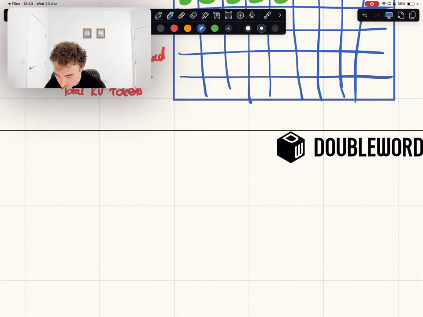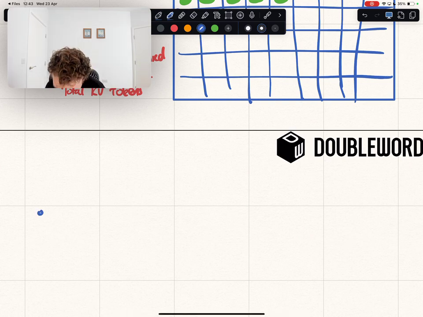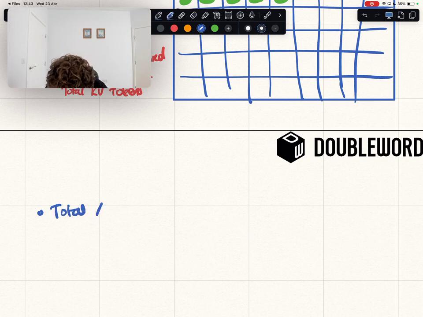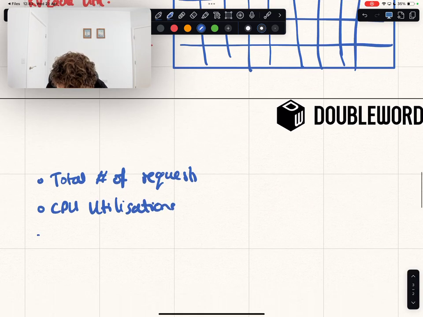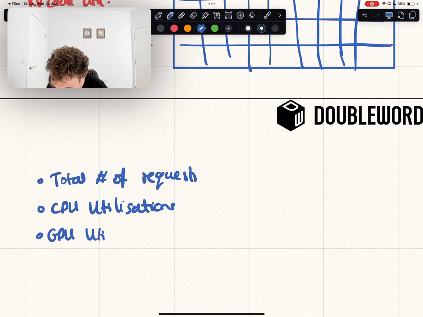Well, I'm going to answer that by first explaining why traditional metrics for measuring the load in your system are not useful. So some common metrics that people might track in a distributed cluster or some other type of computation to measure how heavily the system is being used include things like total number of requests, maybe something like CPU utilization, some measure of how busy the CPUs are, and then maybe even a metric like GPU utilization, if you're using GPU workloads.